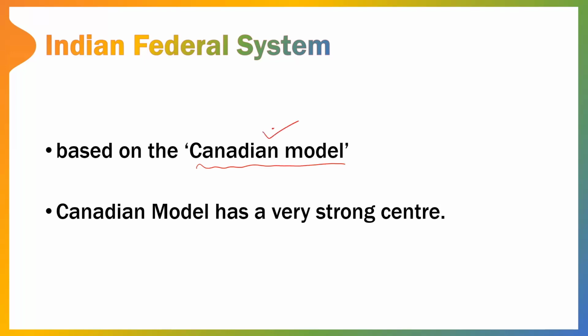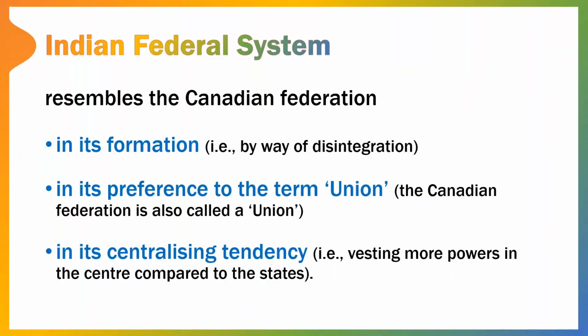Now, why am I saying that we resemble the Canadian model? Because in India we have similarity of formation. That means in India we have adopted the disintegration system, and the same is there in the Canadian Federation. Secondly, the preference to the term union.